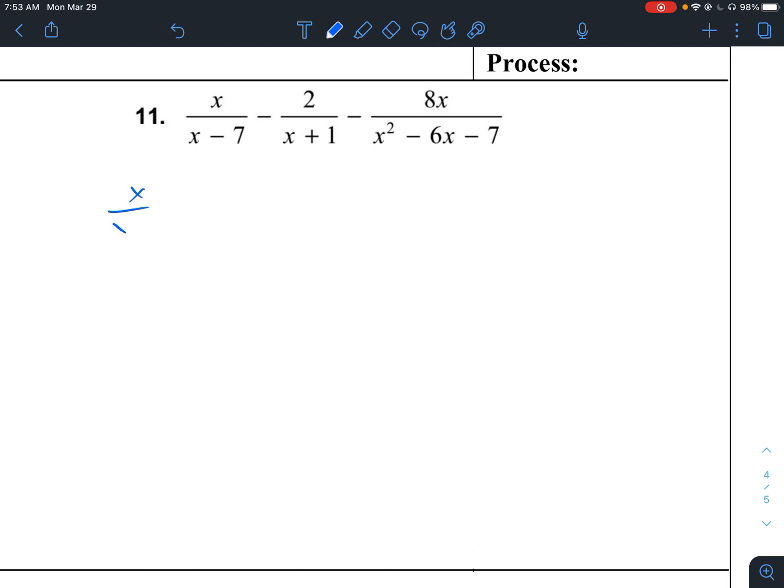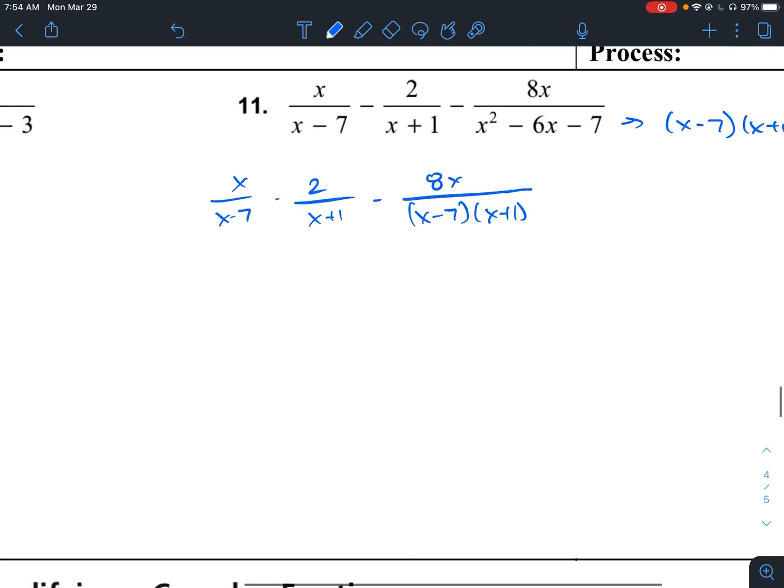So we have x over x minus 7 minus 2 over x plus 1 minus 8x divided by x squared minus 6x minus 7. Two numbers that multiply to be negative 7 but add to be negative 6 would have to be x minus 7 and x plus 1. So you can see how those are the same factors that I have on the other 2.